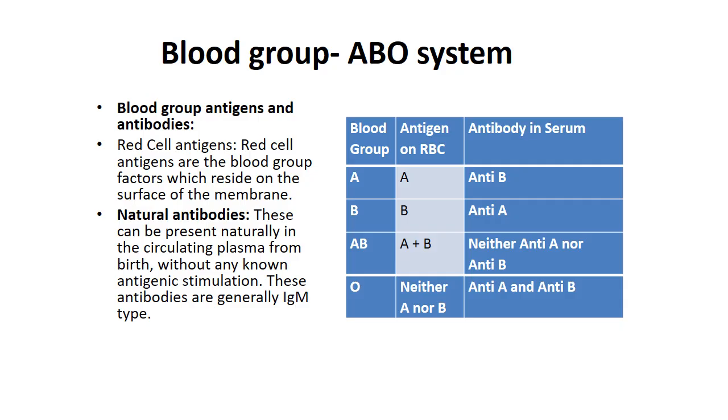B group contains B antigen and anti-A antibody in the serum. AB contains antigen A and B both and no antibody. Blood group O contains neither A nor B antigen, and both anti-A and anti-B antibodies are present in the serum.